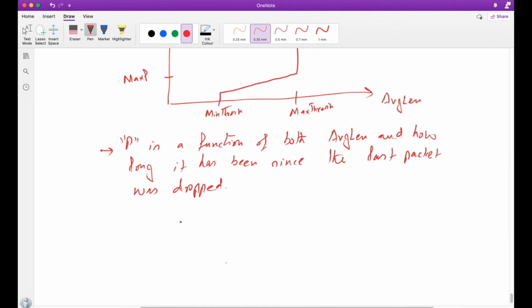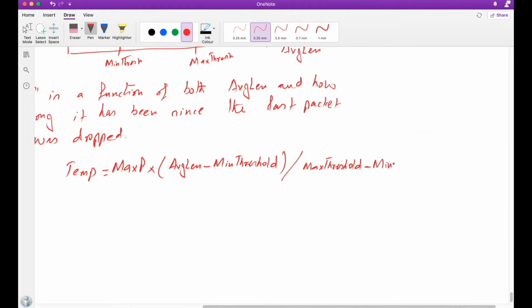So what we do basically is we calculate the probability in this way. TempP is equal to max p probability times (average length minus minimum threshold value) divided by the difference of these two thresholds, maximum threshold minus minimum threshold.